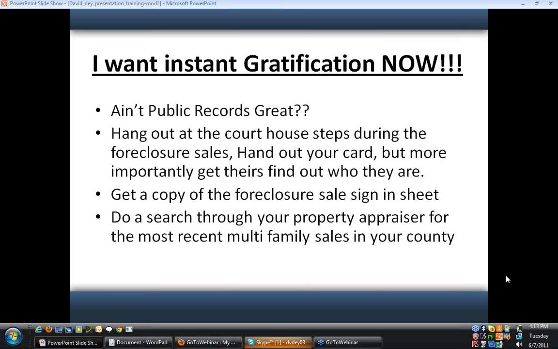Again, another thing you can do is search through your property appraiser for recent multifamily sales. Why multifamily sales? Because if you're buying a multifamily property, you are an investor. I don't care if you're buying a duplex to live in one side and rent out the other. You're an entrepreneur. You're definitely using this as an entrepreneur business.